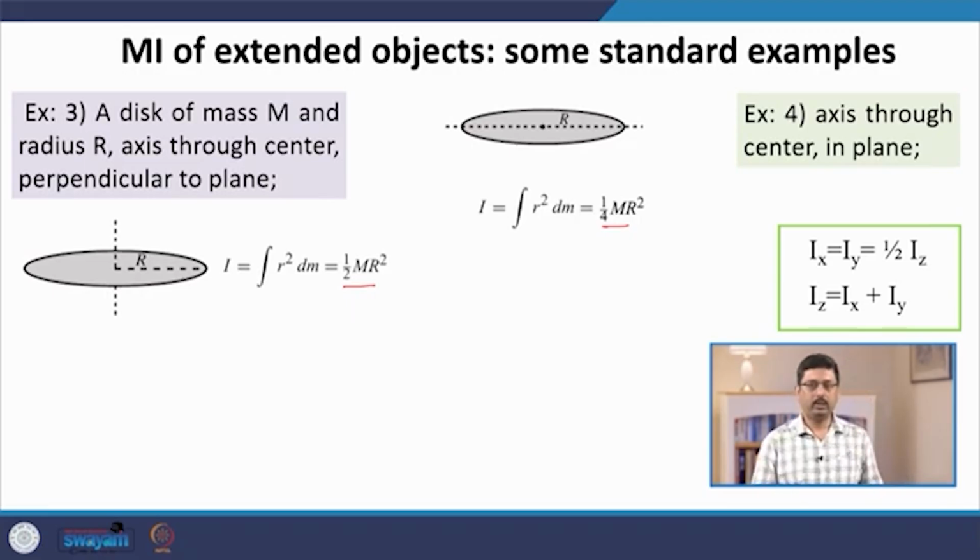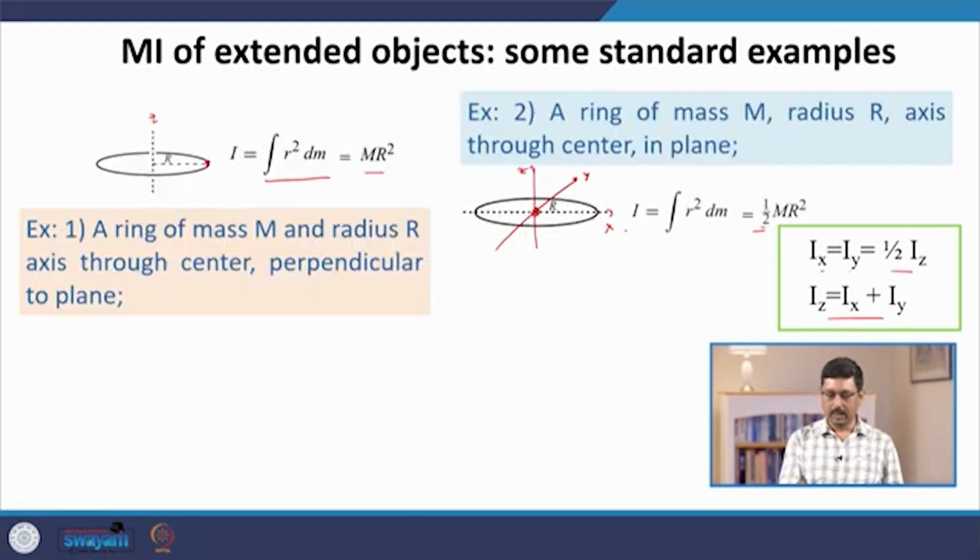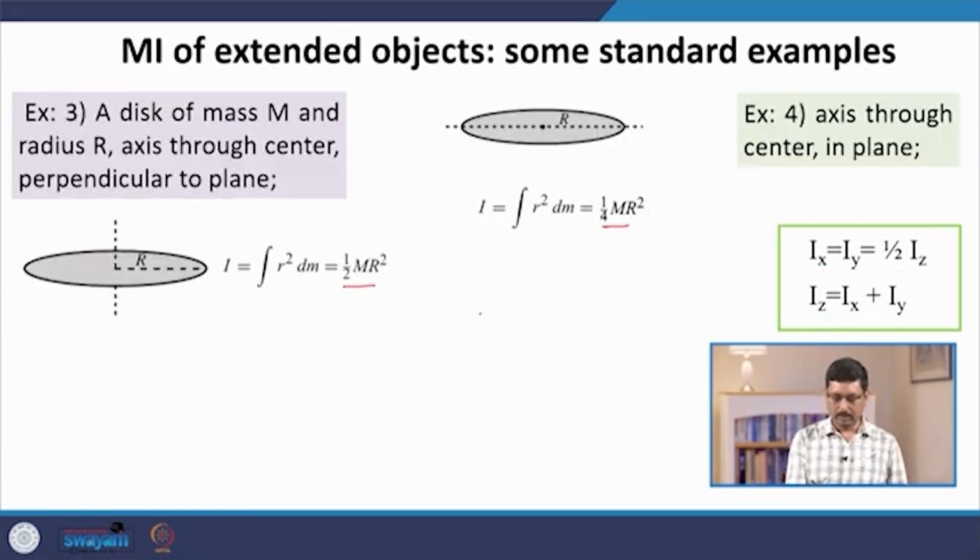Let me point out one thing: you can derive this result by starting from the ring. So, if I take a ring of radius r and width dr, this thickness is dr and this is the center of the circle.